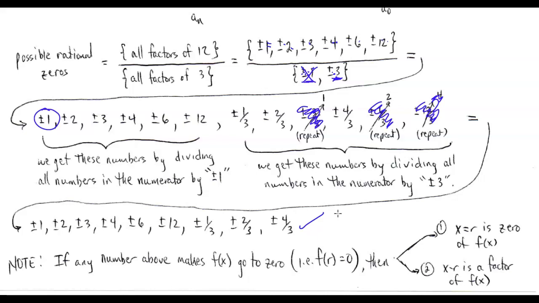But if our polynomial has a rational number type of zero, meaning a number that can be written as a fraction that we can plug into our polynomial and it makes it go to 0, it has to be from this list. And so this is the theorem that we use to jumpstart our process of factoring down polynomials of high degree.